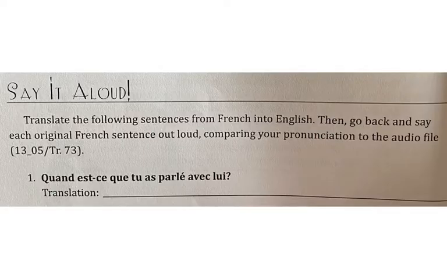Say it aloud. Translate the following sentences from French to English, and then go back and say each original French sentence out loud. Okay, so numéro 1. You might want to say it with me. Quand est-ce que tu as parlé avec lui? And the translation is, when did you speak with him?